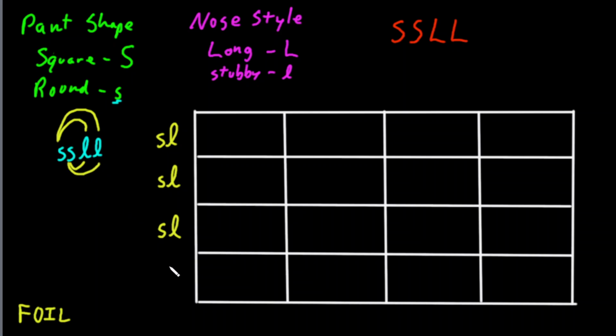Last, little s, little l. So the only possible gamete for SpongeBob's aunt is a lowercase s and a lowercase l. And so where it says possible gametes for the aunt, let's write down a lowercase s and a lowercase l.